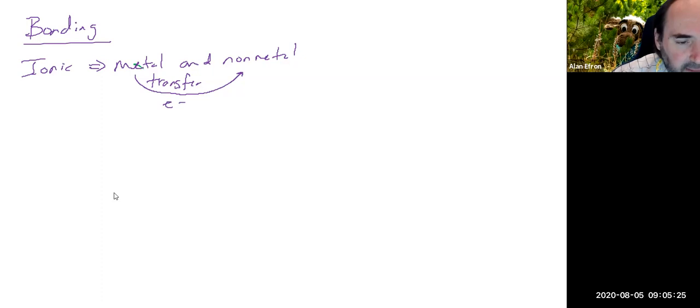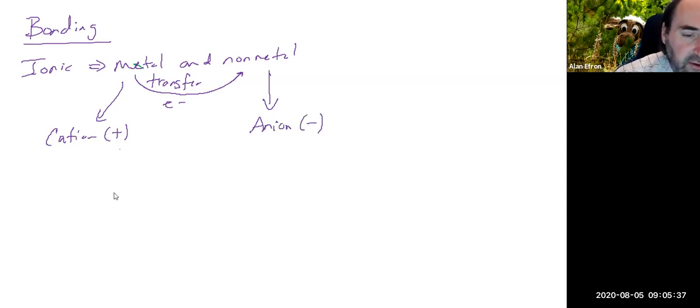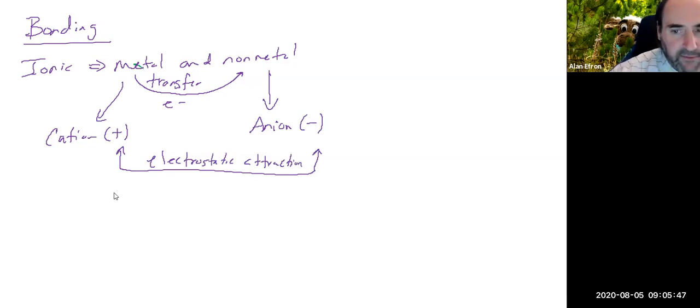That's going to make our metal become our cation, which is positively charged. That's going to make our non-metal become an anion, which is negatively charged. And again, there's absolutely no sharing of electrons here. It's that electrostatic attraction that basically will hold those together.